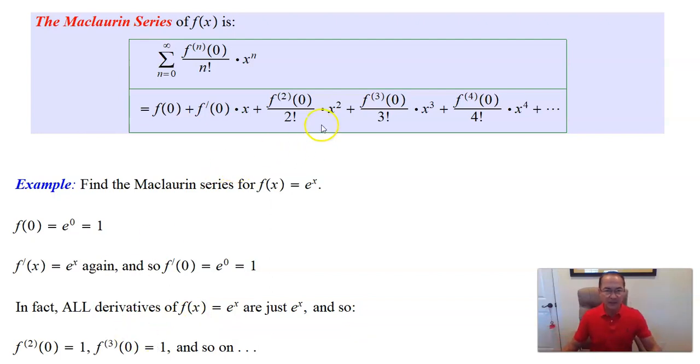Okay, so yeah, all of these, that's 1, that is 1 times x, 1 over 2 factorial x squared, and so on. Those numerators are all 1.